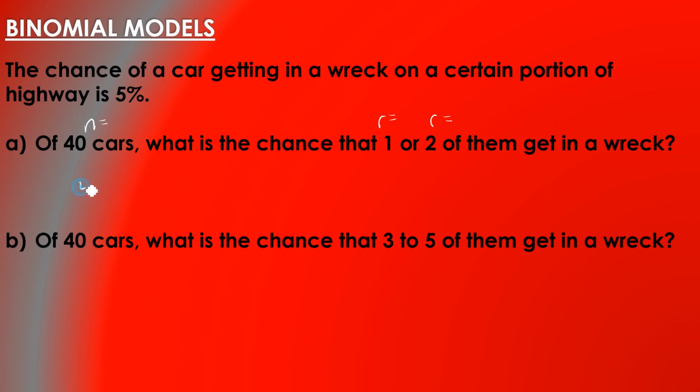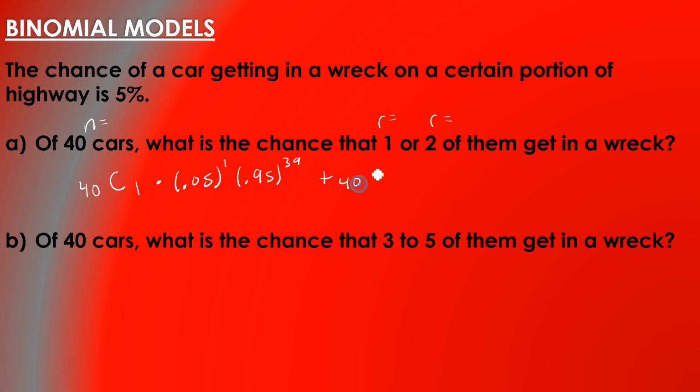So we have to do this twice. So we'll have 40 choose 1, times 0.05. So a success in this case is someone getting in a wreck, to the 1, and 0.95 to the 39.